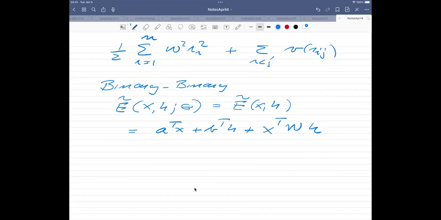And I'm going to use a binary case. So that means that x of i's, which we have, take values between 0 and 1. And the h of j takes values 0 to 1.